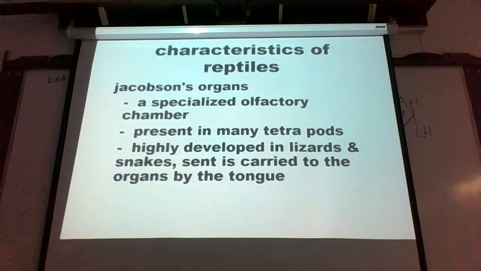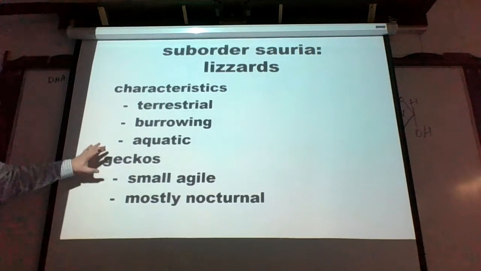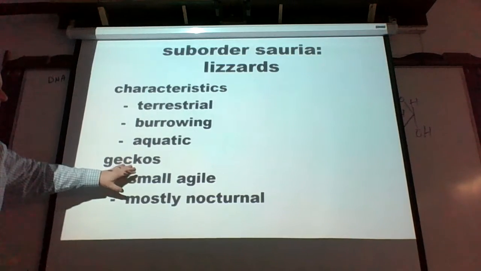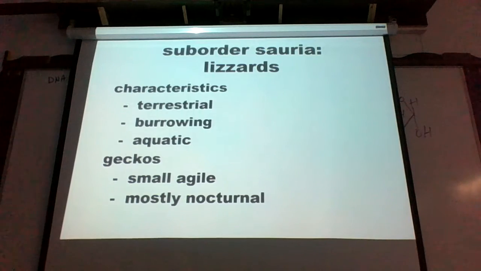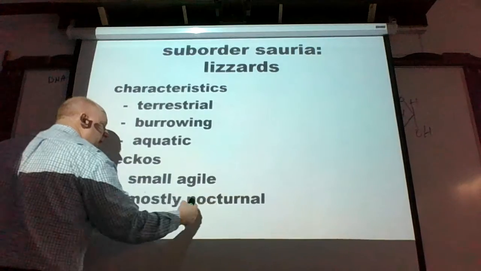All right. So some of the aspects we said, there are some, let's say, exceptions. When we get to these guys right here, they're just a little bit of an exception because of the toe pads they have. So when are you going to find these animals? Yeah, they're nocturnal.